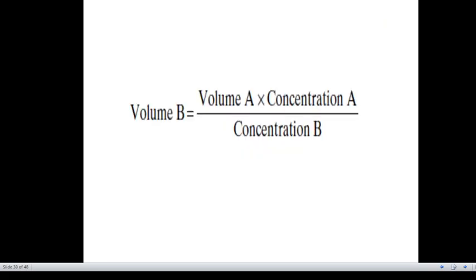Therefore, by simple rearrangement of the equation, one can calculate the unknown volume of chamber B: volume B is equal to volume A multiplied by concentration A divided by concentration B.